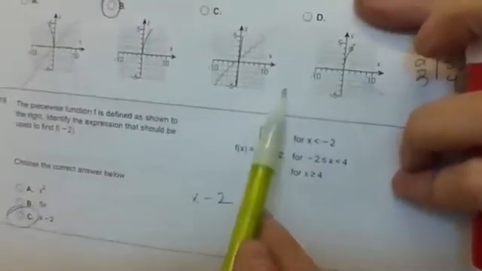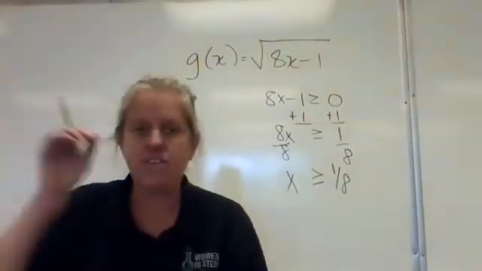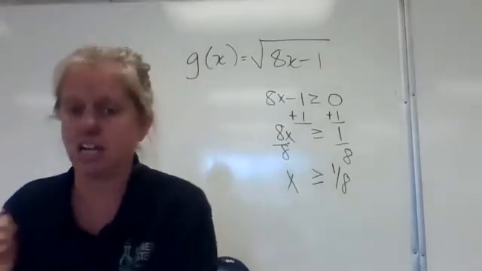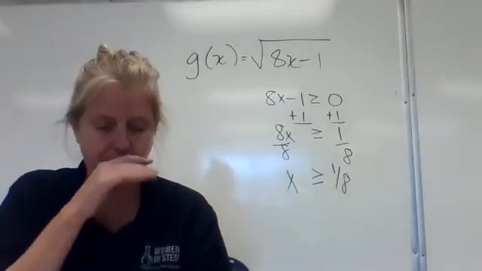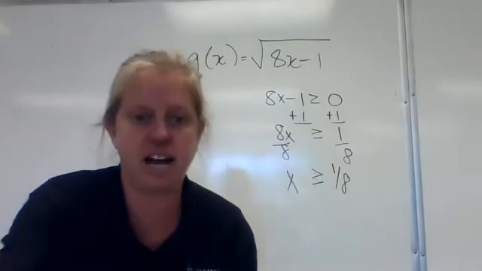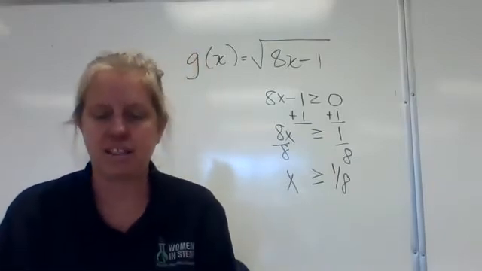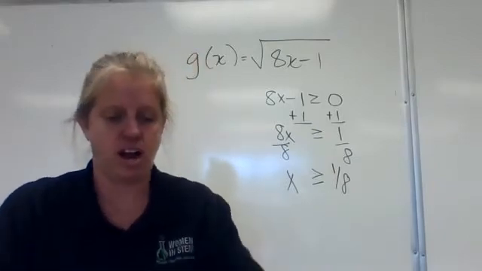So that's why it can't be that one and has to be that one. I would definitely use the magnifying glass that's in Math Lab by each one of those graphs.